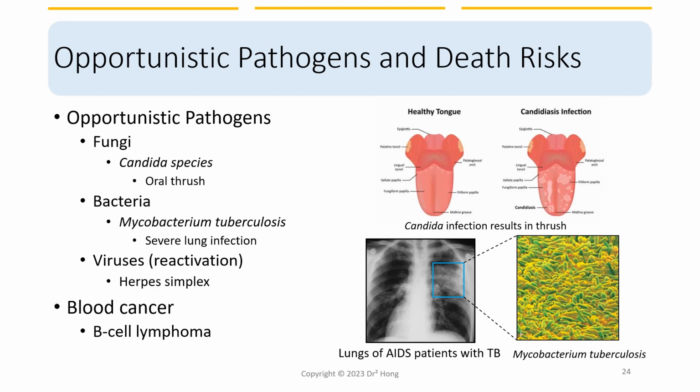In addition to these infections, people with AIDS are at increased risk of developing blood cancers such as B-cell lymphoma. These opportunistic pathogens can cause severe illness and even death in individuals with AIDS, highlighting the importance of proper management and treatment of the disease.